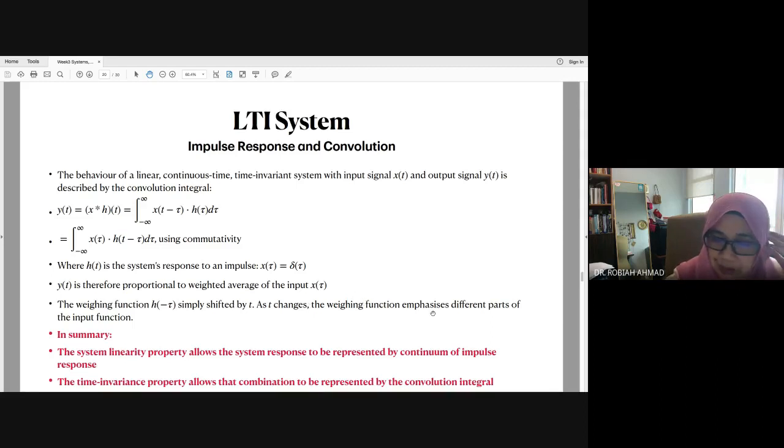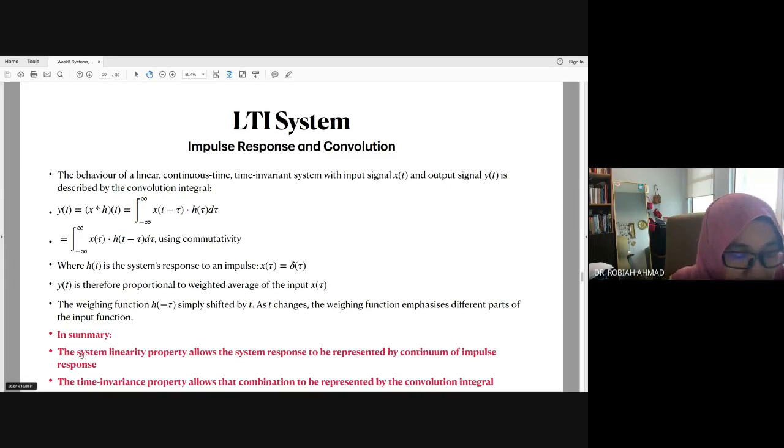The weighing function emphasizes different parts of the input function. Sebab nanti bila kita lihat on the convolutions, we look at the shift of the t later on. So that's why the understanding of the invariance, linearity. Linearity is multiplying nanti lah, xt dengan ht.